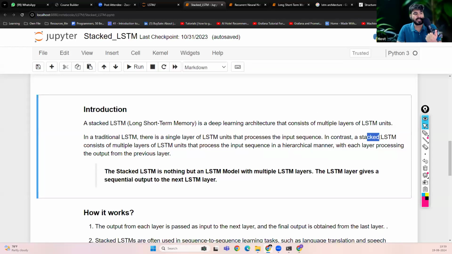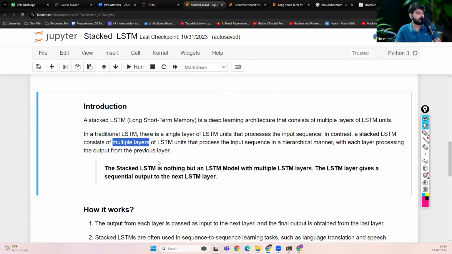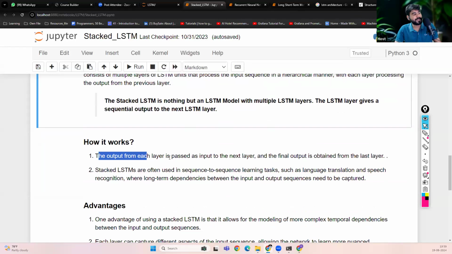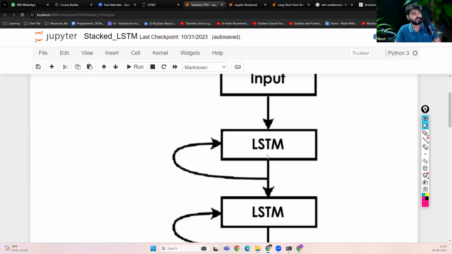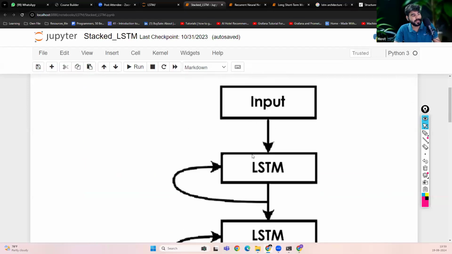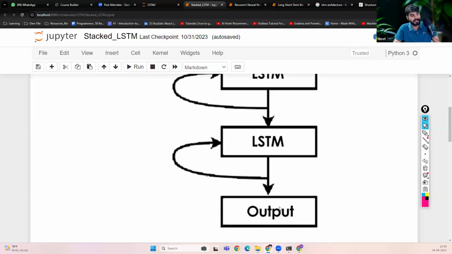In contrast, the stacked LSTM consists of multiple layers, one on top of the other. The output from each layer is passed as the input to the next layer. It means after processing here, it is sent to the next layer, and the next layer, and then we get the final output. So this is the stacked LSTM.